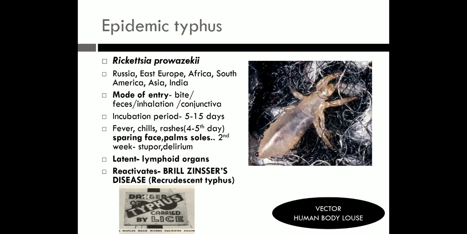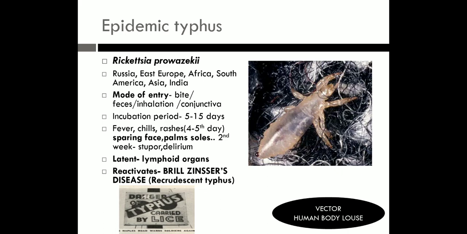The incubation period of this infection ranges from 5 to 15 days, and generally for all the rickettsial infections you have classical symptoms of headache, myalgia, eye discharge, and rashes. The rashes occur after the 4th or 5th day of fever.